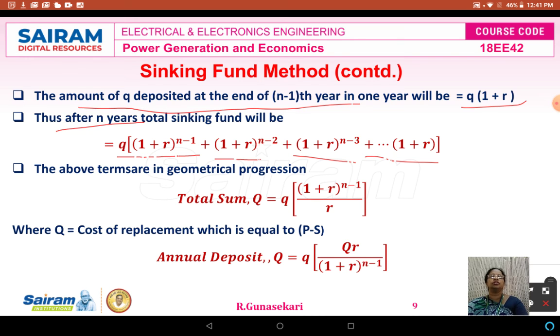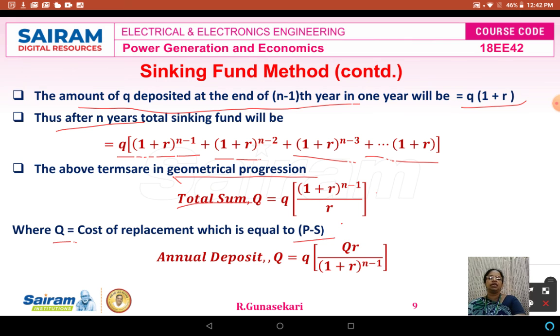Finally, that means 1 plus R only. Okay, but the above terms are in the geometrical expression only. So therefore the total sum is equal to Q into 1 plus R the power n minus 1 divided by small r only.